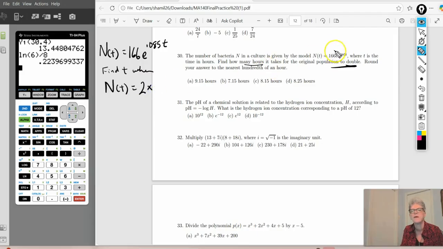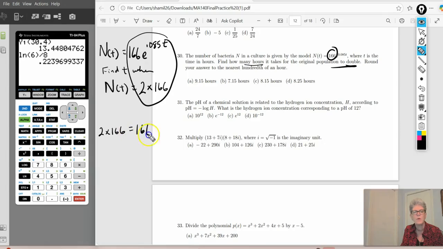And what is the starting amount? The starting amount is always what's out in the front there. Now I have two expressions for n of t, and so I'm just going to put them equal to each other.